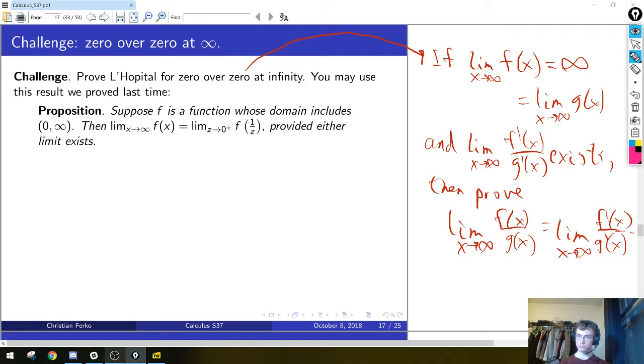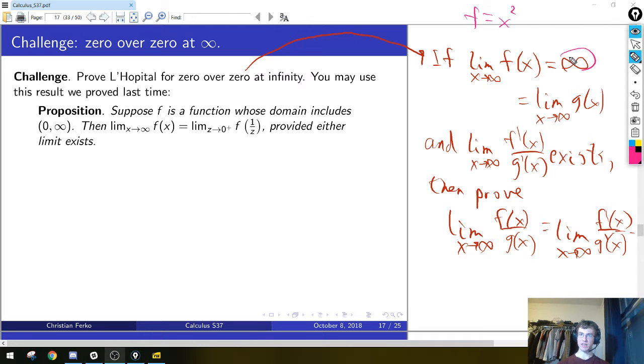From this if, it's looking like you're implying that f of x at infinity is infinity. Oh, wait. No. Perhaps I wasn't paying enough attention. By this statement, you mean the sign at the top? Yes, that's true. So for instance, this would work if, say, f equals x squared, right?